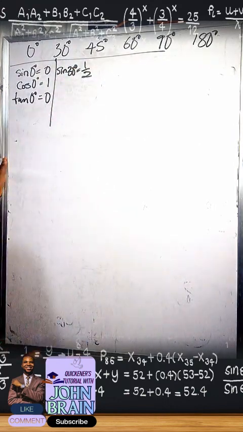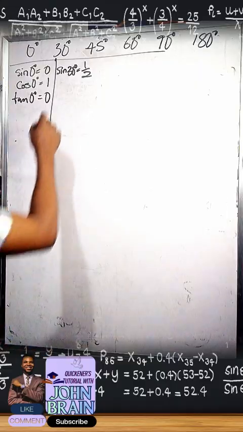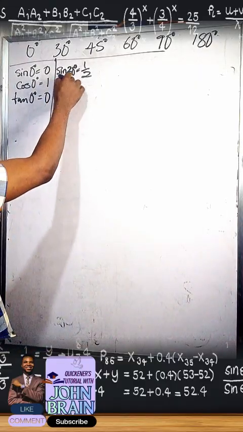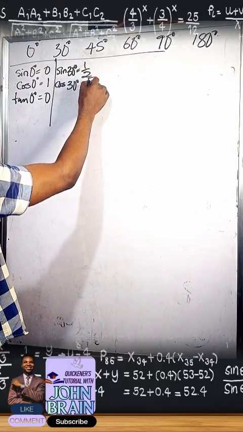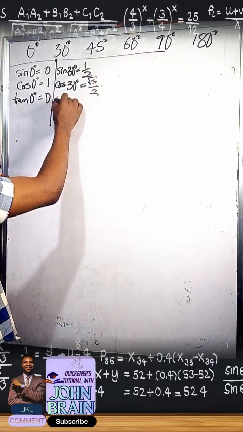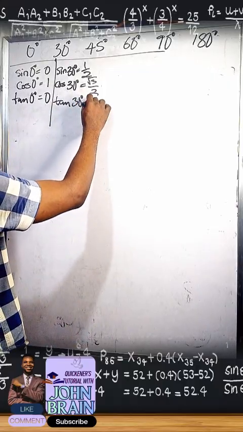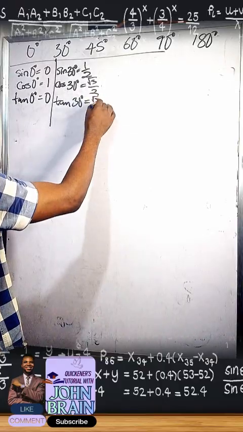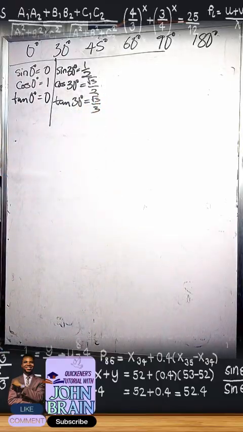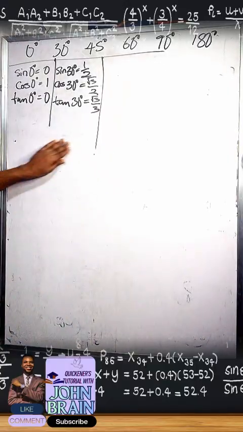Take note, write it down. Cos 30 degrees is root 3 over 2. And tan 30 degrees is root 3 over 3. That is 30 degrees.